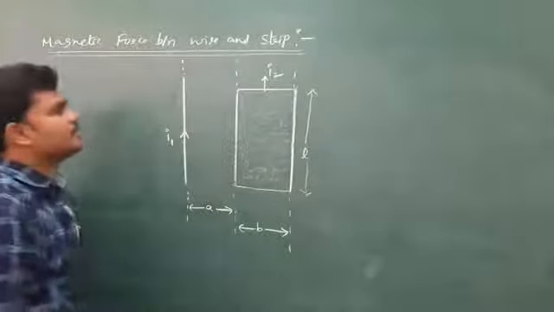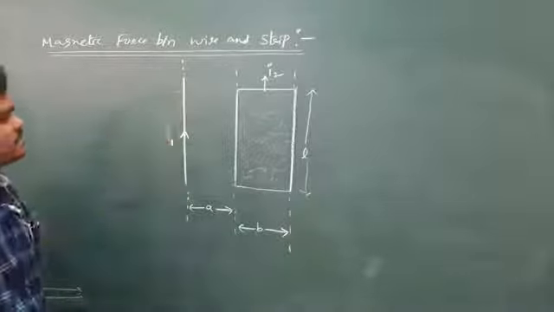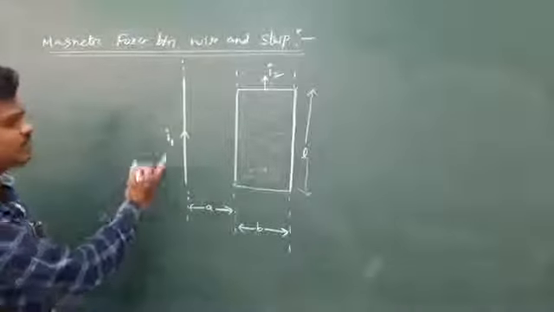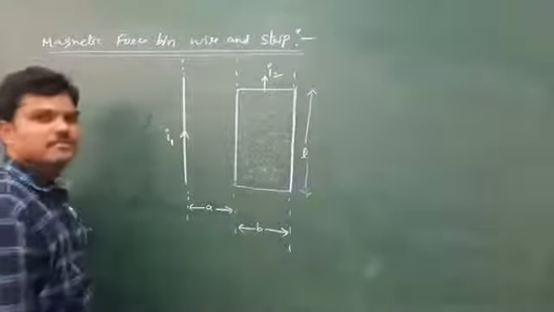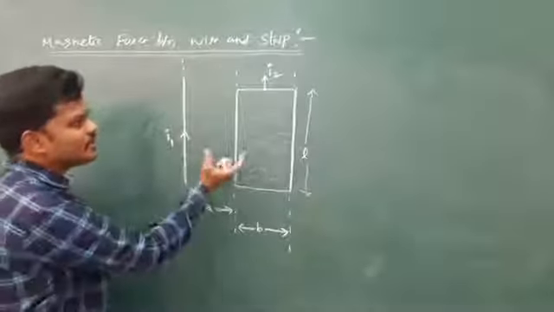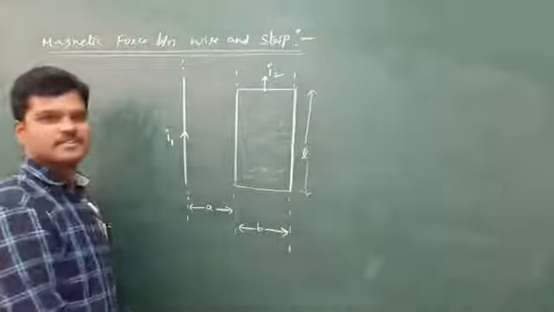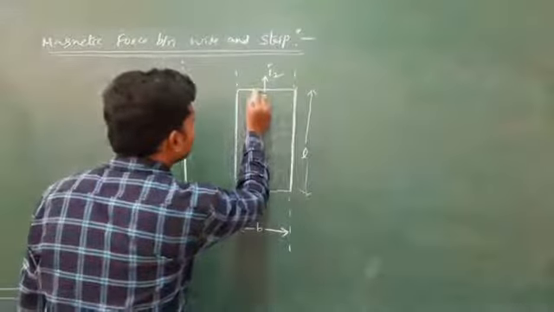So this is also like two parallel current-carrying wires, but here one is a wire and the other one is a strip. To solve this type of problem, you can go for a small element. Just take a small element in the strip and identify how much current is there in it.